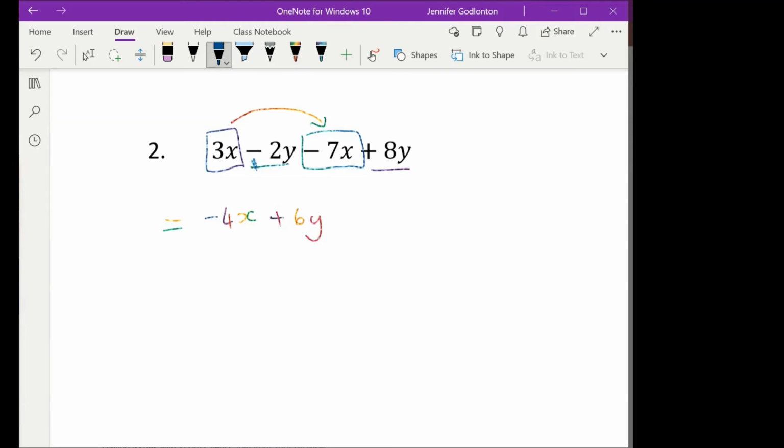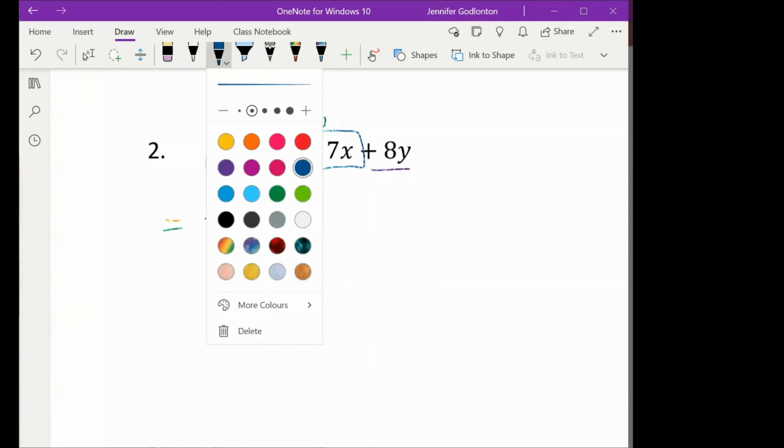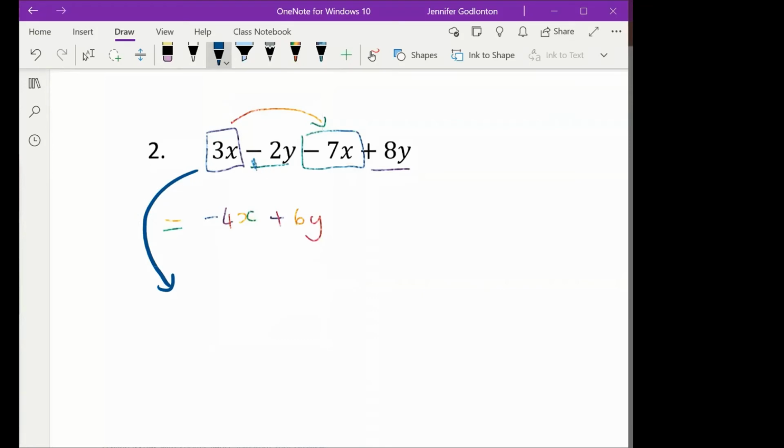Now remember, if your brain does not like seeing it like this and it prefers things being next to each other, that's okay. We can write that as 3x minus 7x minus 2y plus 8y. And then we can do it step by step. We can look at those two and we can look at those two.